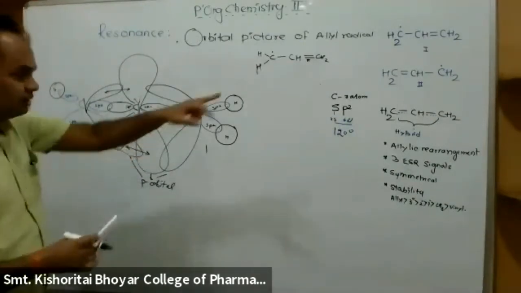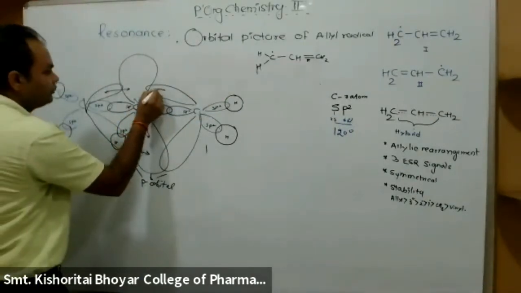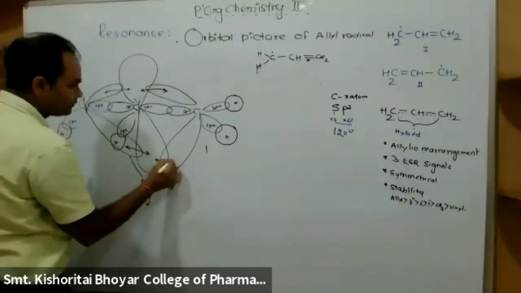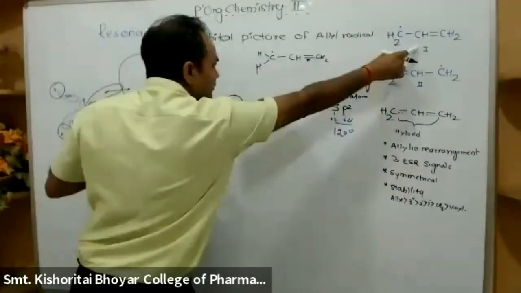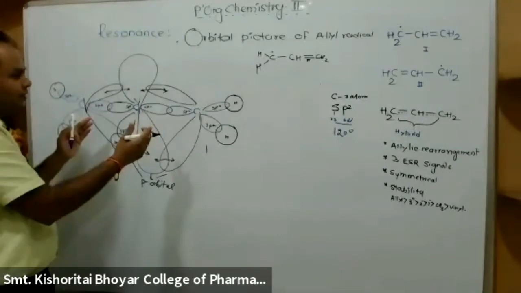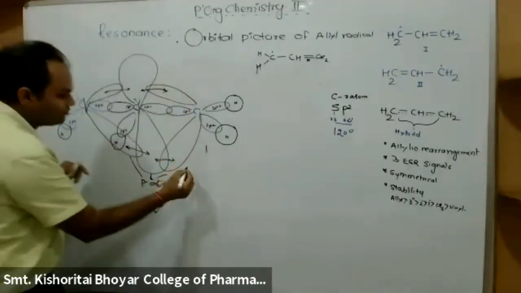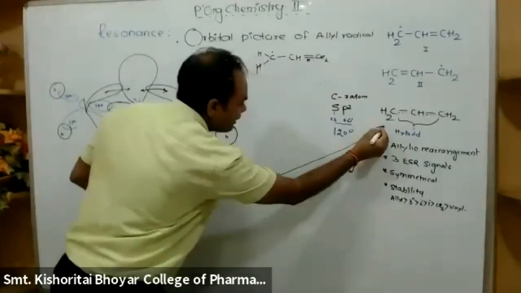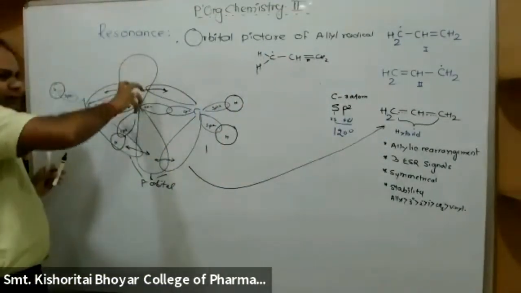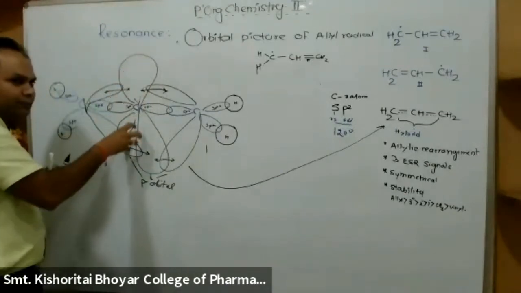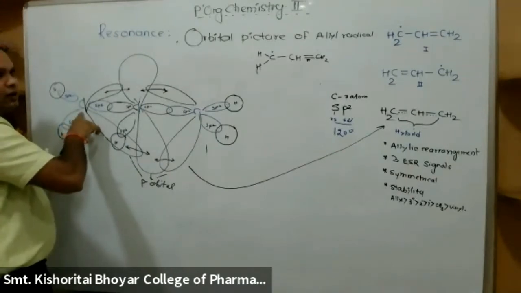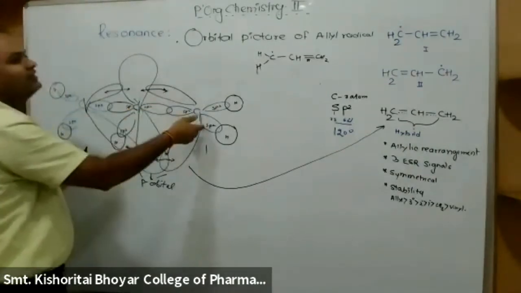This represents structure number 2, or you will get the molecule like this, which is structure number 1. Either 1 or 2. So this represents the structure of the hybrid, where the middle carbon's p orbital may overlap with this carbon, or it may overlap with this carbon.